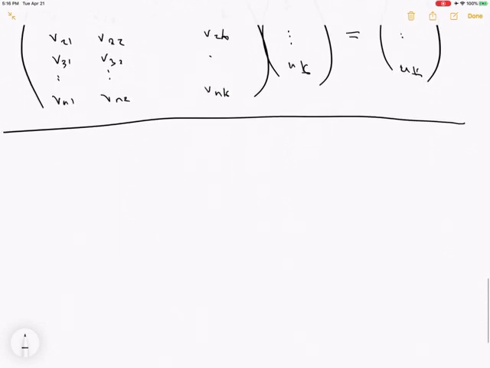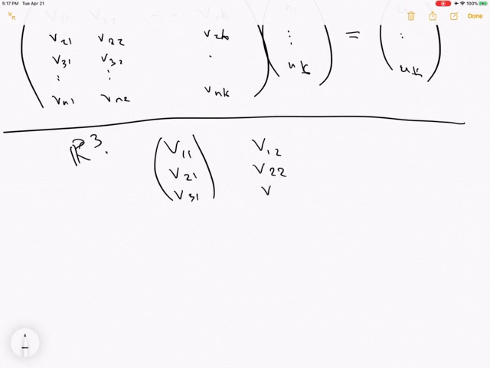I'm still going to be abstract in general, but I'll illustrate this a little more clearly in R3, so you can see how it works. If your one vector is v11, v21, v31, and your other vector is v12, v22, v32, then the question is, can I build some other vector, u1, u2, u3, out of these vectors?